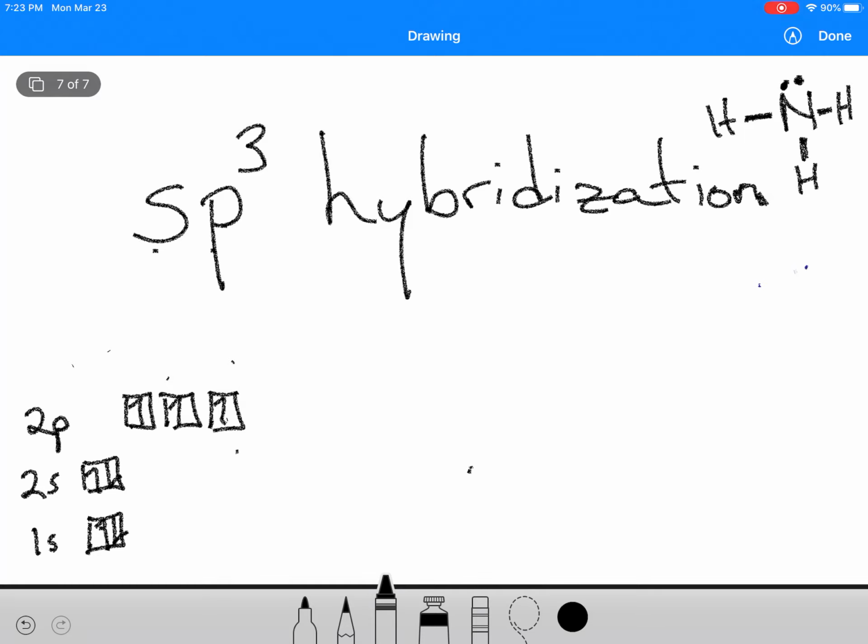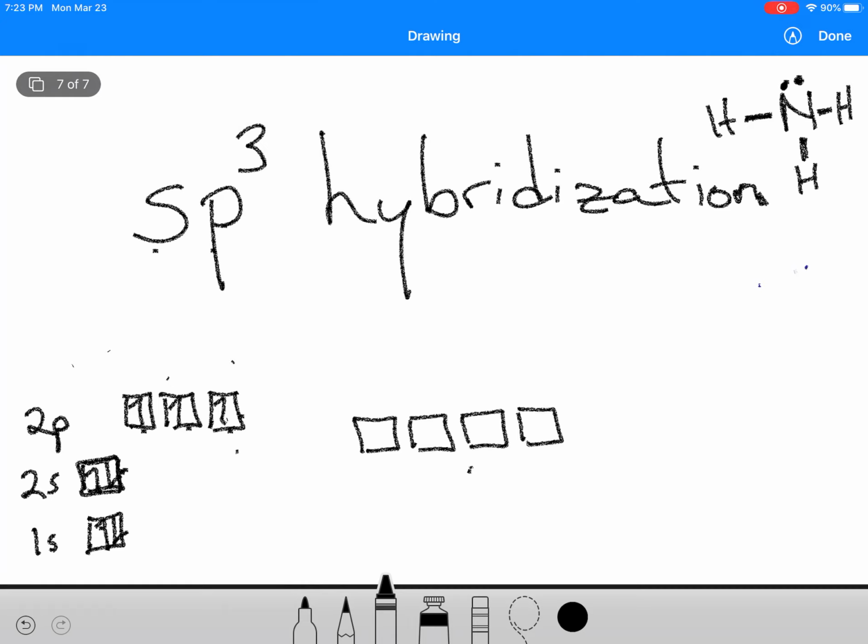These are the orbitals for a nitrogen atom. Under hybridization theory, we say that this s orbital and these three p orbitals hybridize into sp3 orbitals that are all of the same energy. It is an energy slightly higher than the 2s and slightly lower than the 2p.